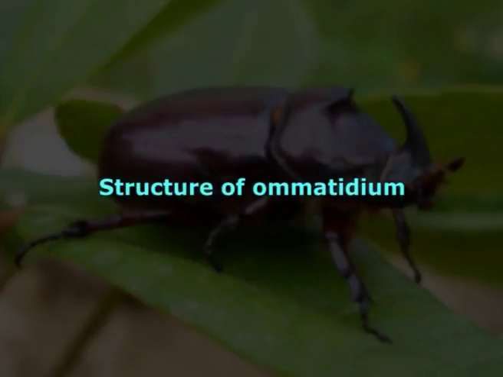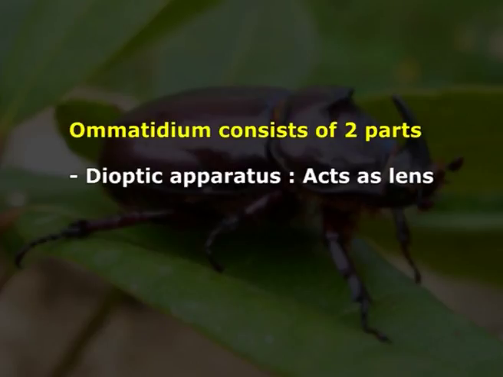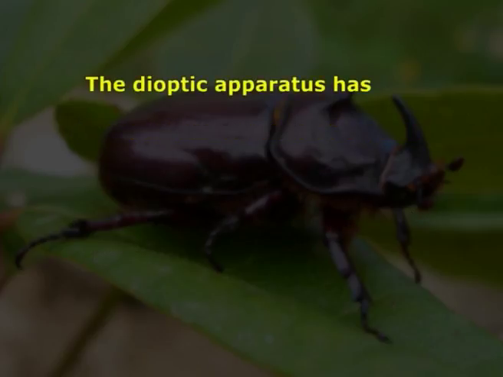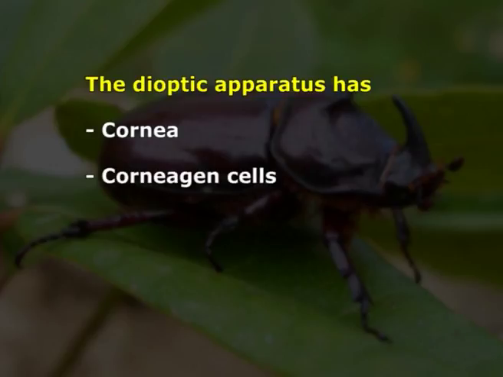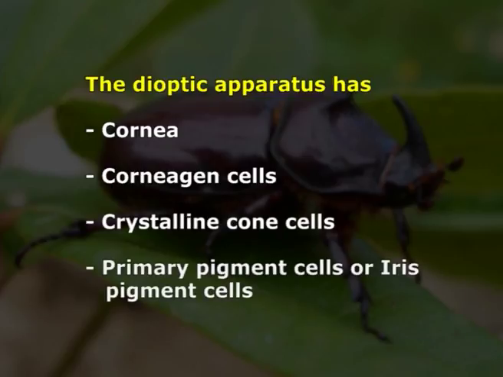Structure of ommatidium. Ommatidium consists of two parts, dioptic apparatus, which acts as lens, and receptor apparatus, which forms the image. The dioptic apparatus has cornea, corneagen cells, crystalline cone cells, primary pigment cells or iris pigment cells.